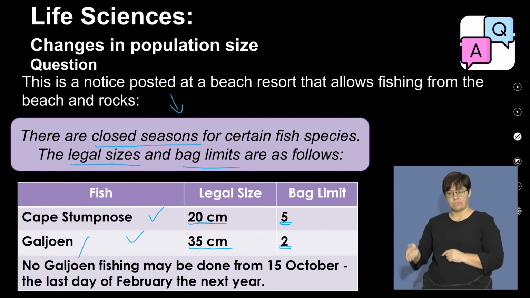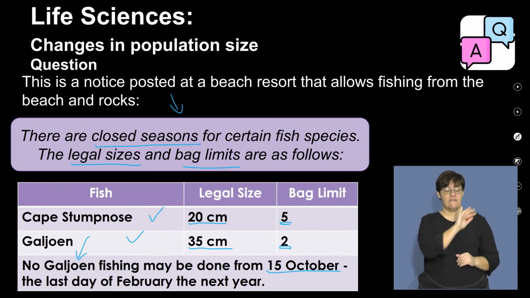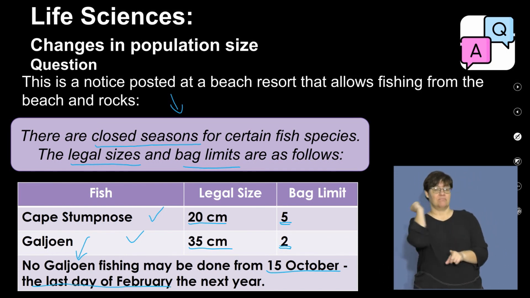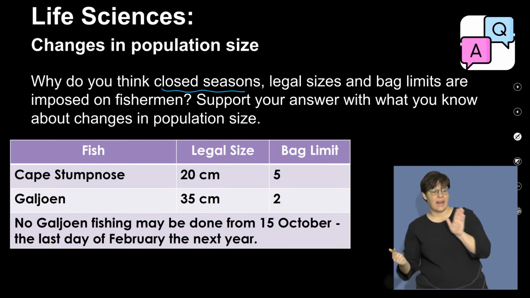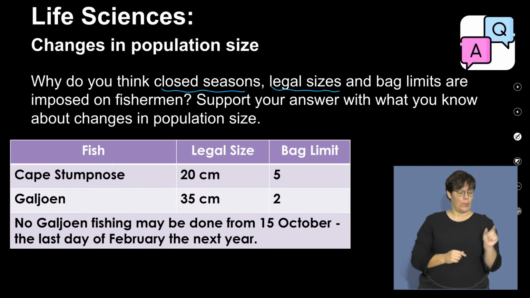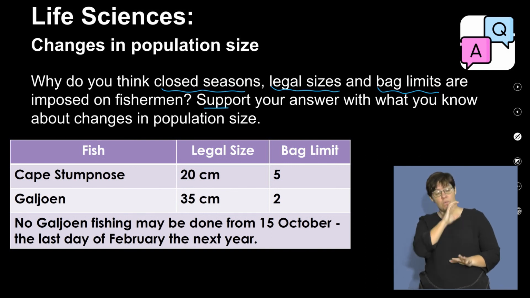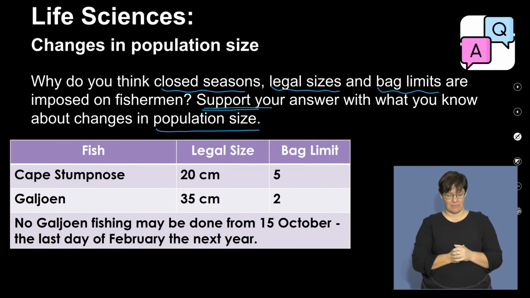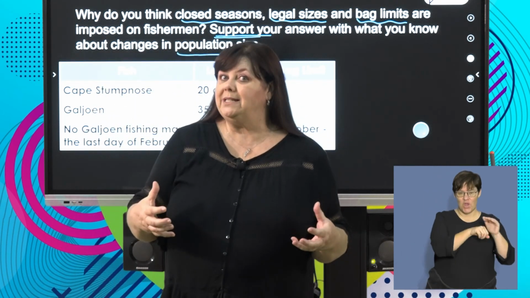Fishing may be done between the 15th of October and the last day of February in the following year. So my question is, why do you think closed seasons, legal sizes and bag limits are imposed on fishermen? And once again, you need to support your answer with what you know about changes in population sizes. Remember that populations have these parameters.